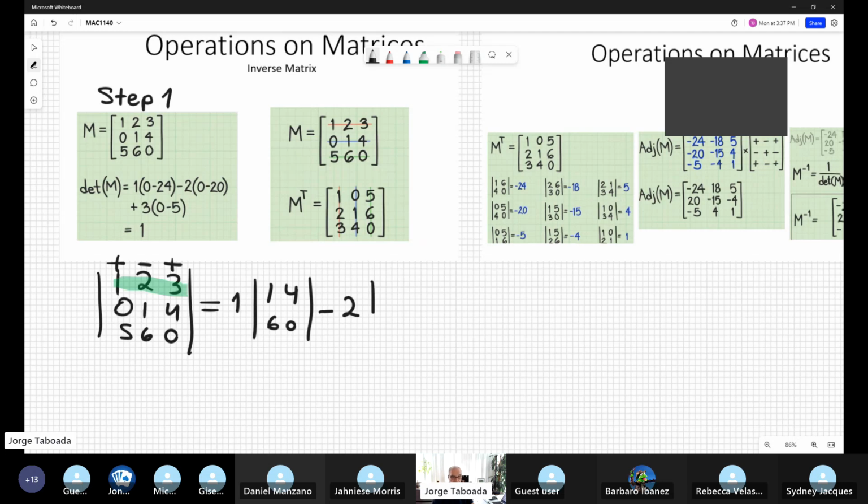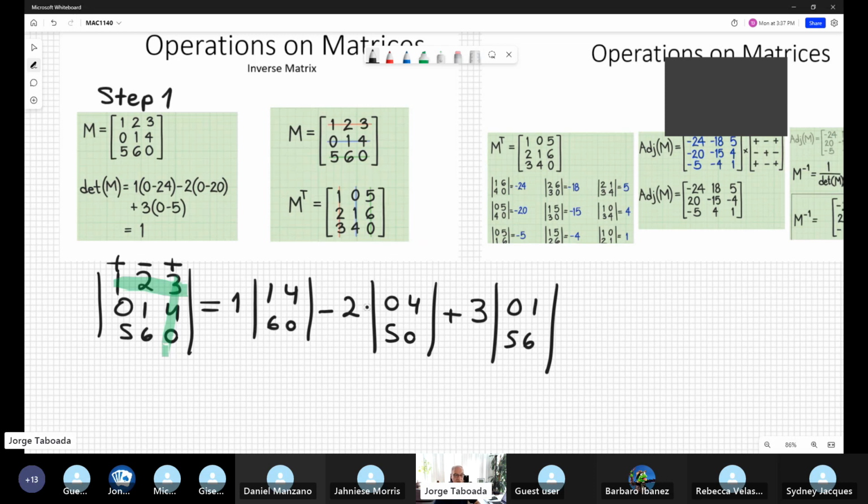So the minor is, let me see. You delete now row 1, column 2. So it says 0, 4, 5, 0. Okay, plus 3. And the last determinant is, let me try, delete row 1, column 3. Stay alive: 0, 1, 5, 6.